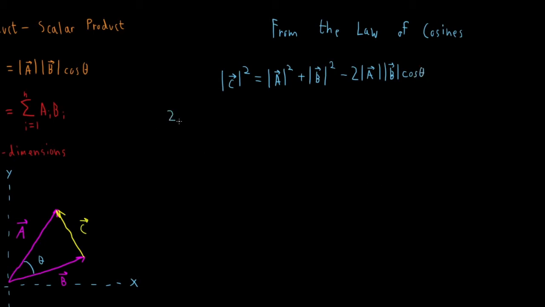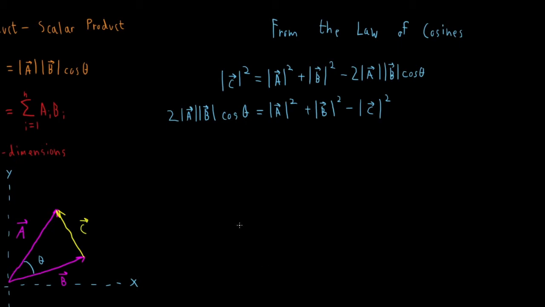Rewriting this, we get 2 times A times B cosine theta equals the magnitude of vector A squared plus the magnitude of vector B squared minus the magnitude of vector C squared.